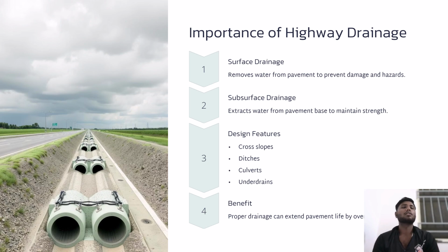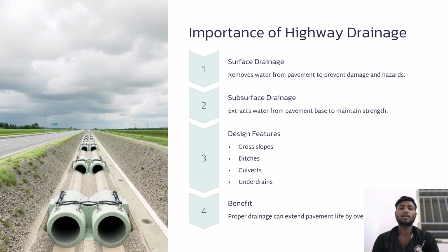In this image, we see a drainage system provided beside the highway: a pipeline, which also has a slope. Rainwater comes directly into this system and passes away.